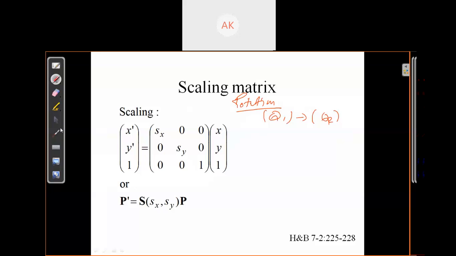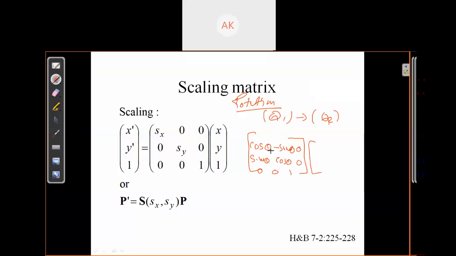So I'm just writing the rotational matrix, if you remember: cos theta, minus sin theta, 0, sin theta, cos theta, 0, 0 0 1.